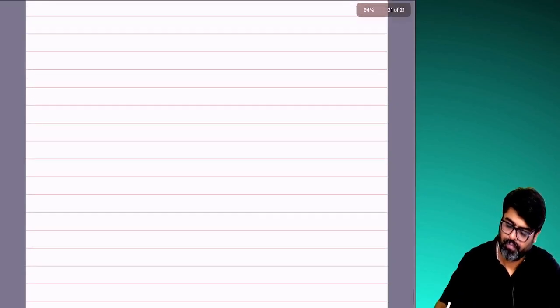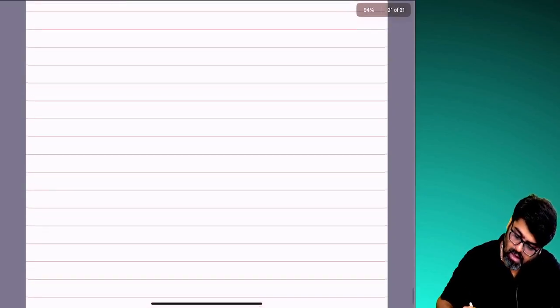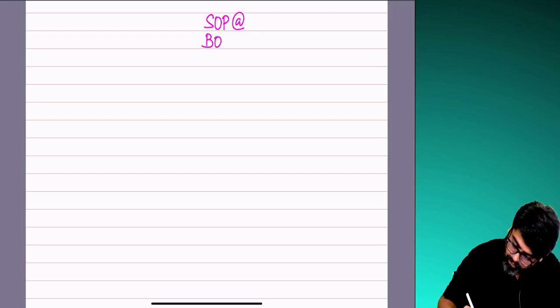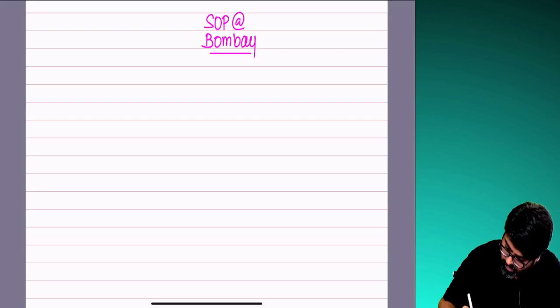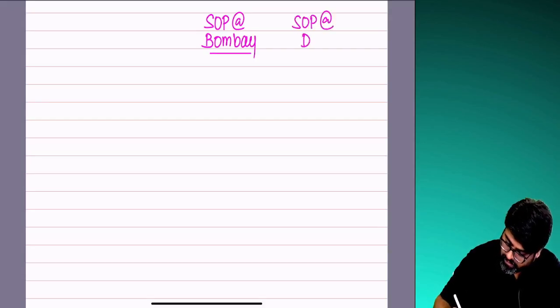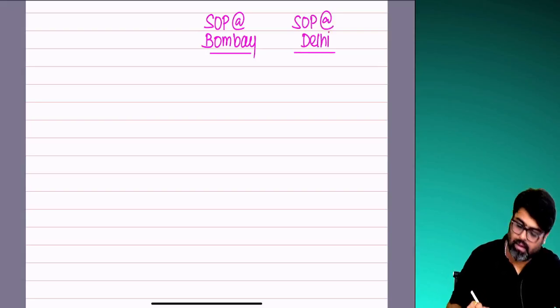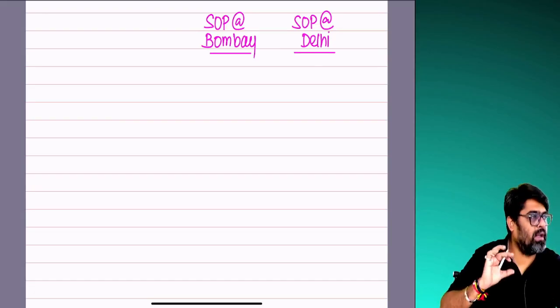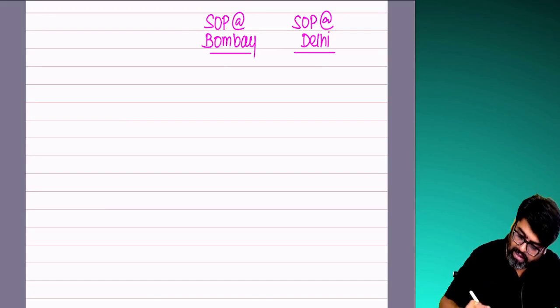See, everyone pay attention. SOP at Bombay. SOP at Delhi. Everyone. Now, for both the SOPs, first we will calculate the interest. What we are calculating?